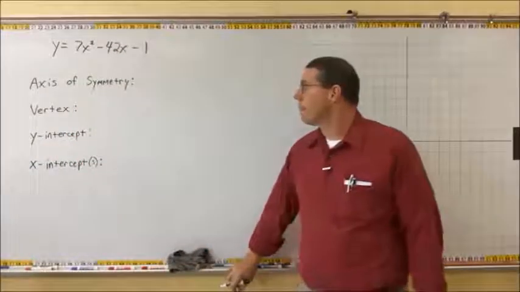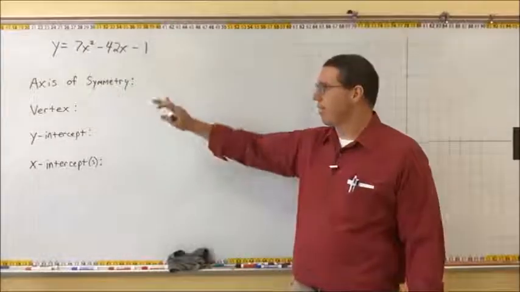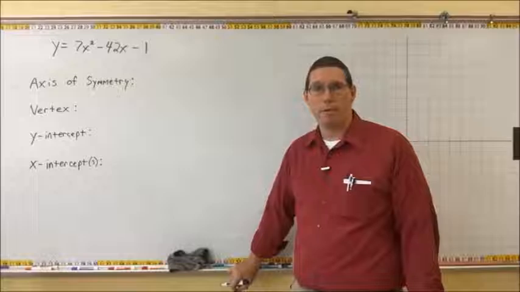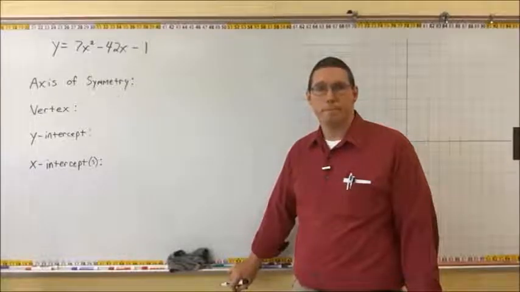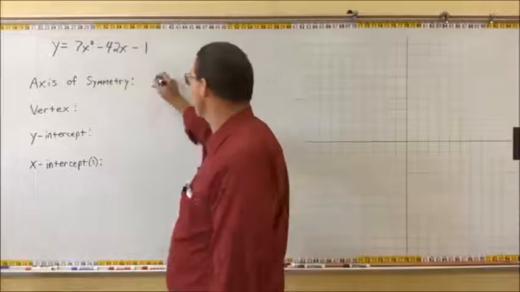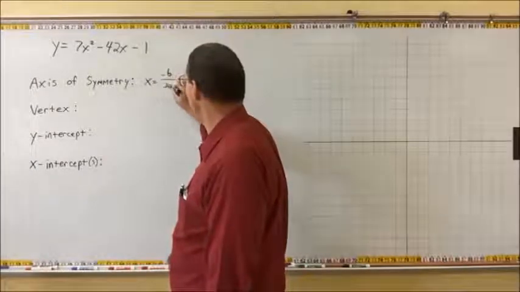Okay? All right? So I want you to pause it right now. Try to identify the axis of symmetry, the vertex, the y-intercept, and the x-intercepts. All right, so let's see if you got them right. The axis of symmetry is at x equals -b over 2a.